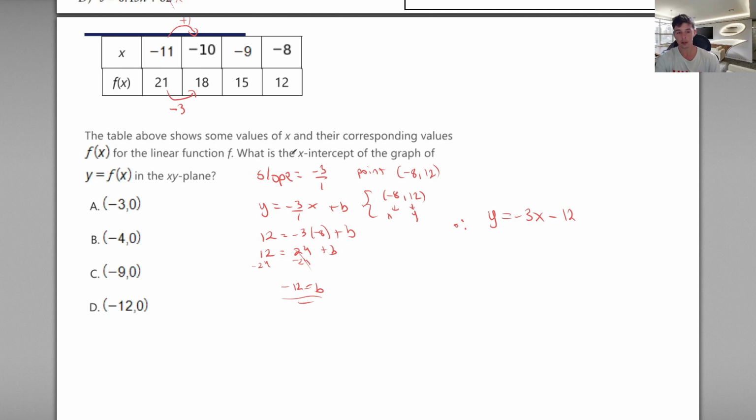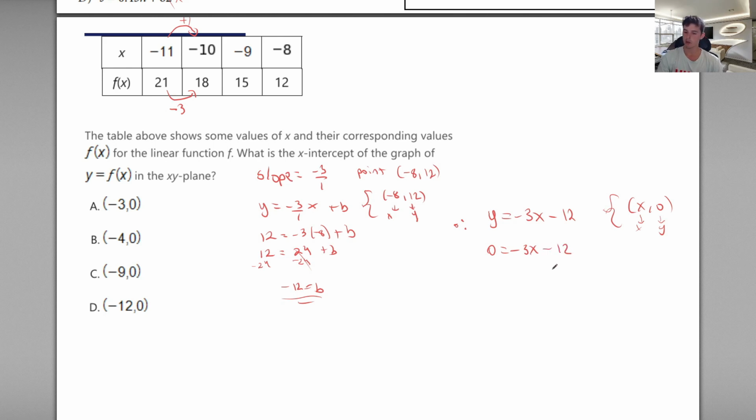And what do they want? The x-intercept. The x-intercept happens when y is 0. So they want the value of x when y is 0, and that's the point (x, 0). We can substitute that for y. So 0 equals negative 3x minus 12.